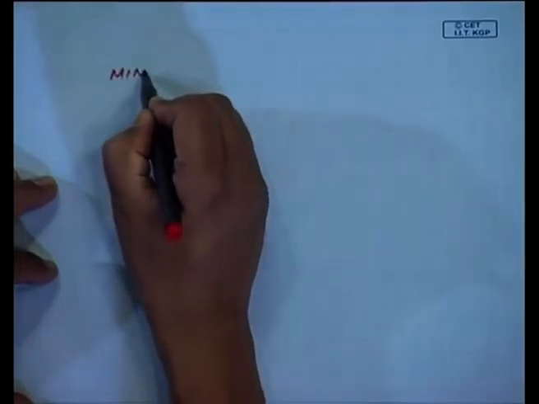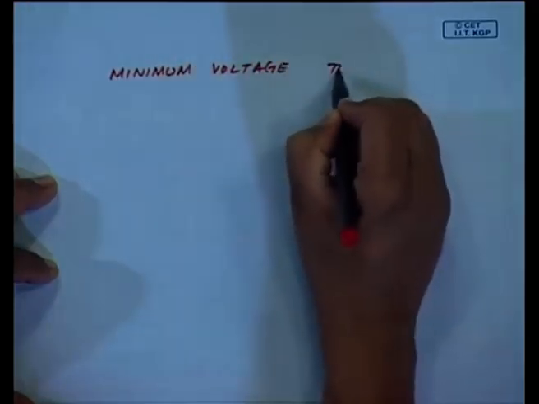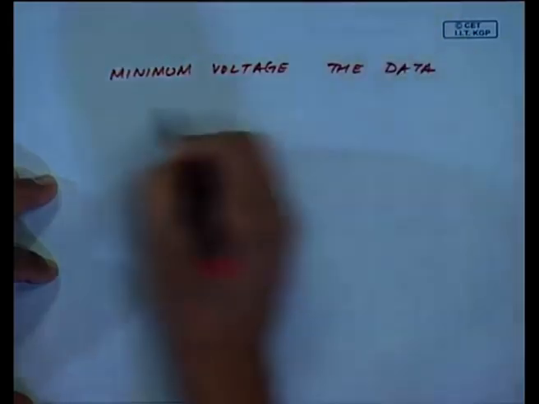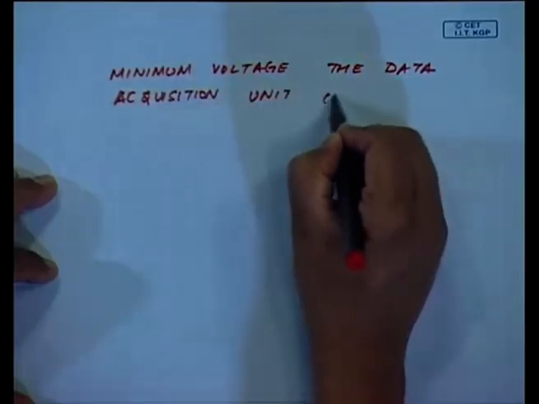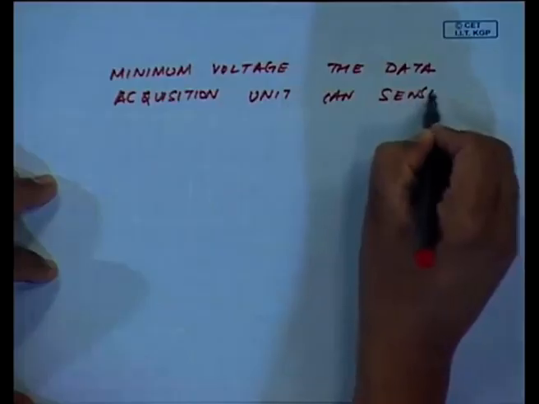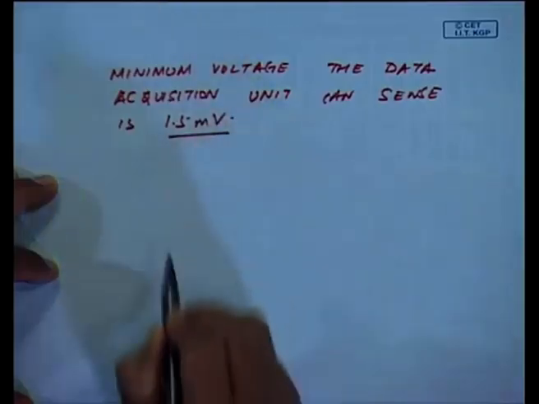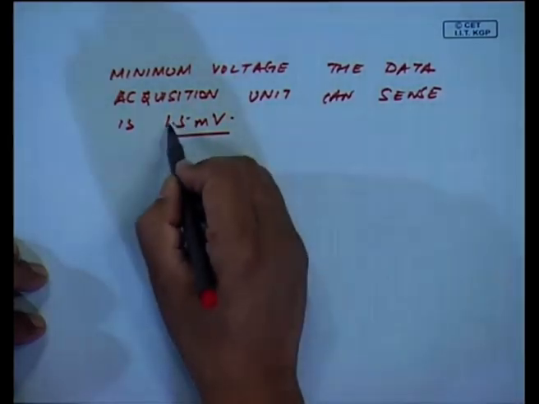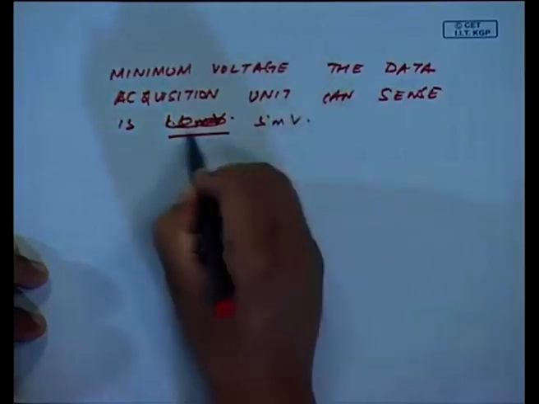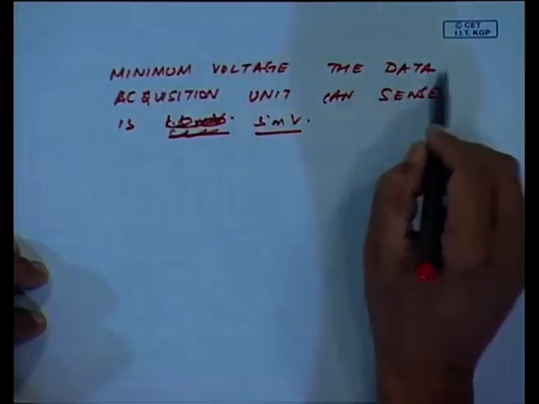Say the minimum voltage the data acquisition unit can sense is 1.5 millivolt, or let me take this as 5 millivolt, and this is a hardware requirement, a characteristic of the data acquisition unit.